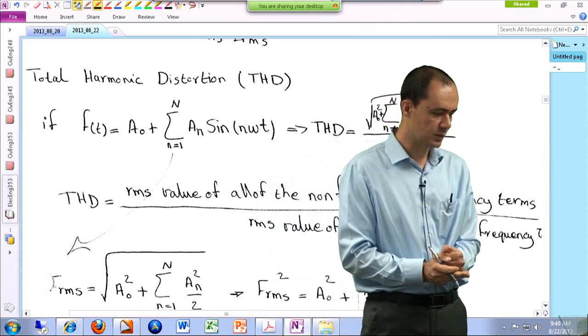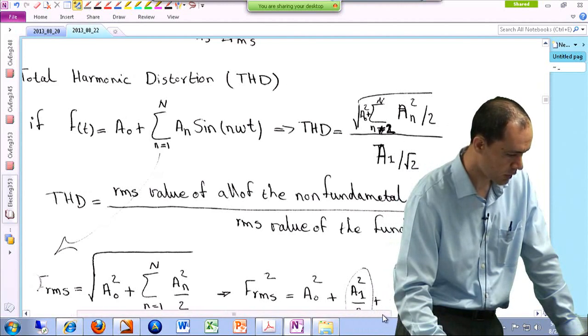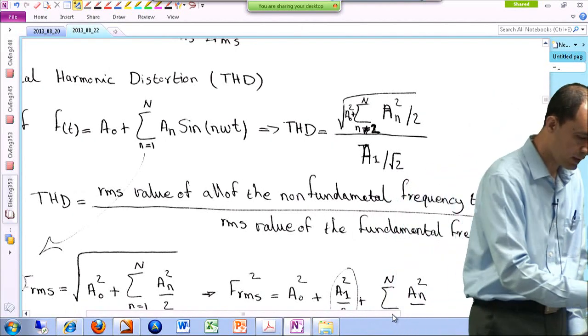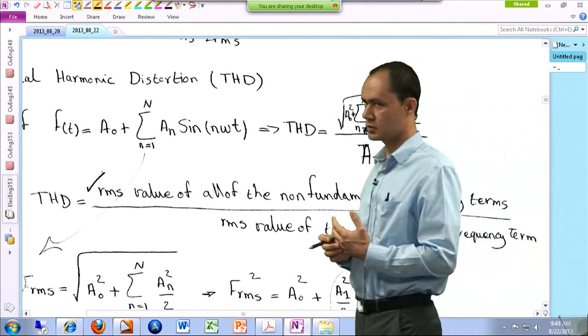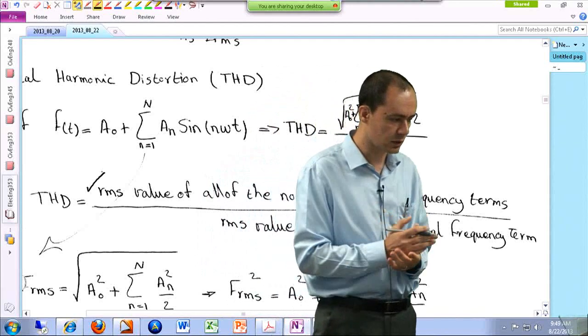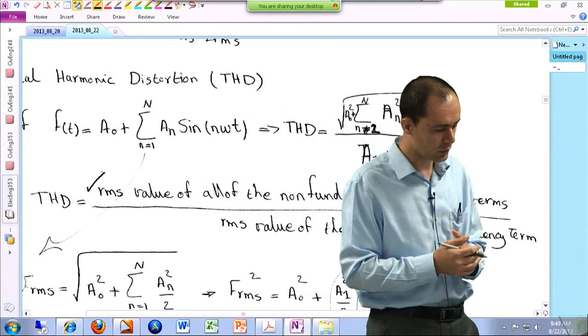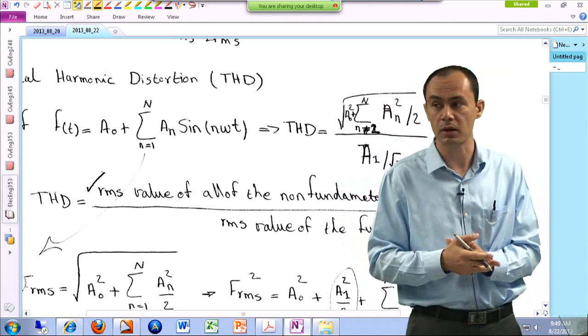By definition, it is basically a ratio between two expressions. On top, we have all of the junk that appears in the signal. Assume that we have a signal which is supposed to be purely sinusoidal, but in addition to that purely fundamental harmonic, it has a bunch of higher order harmonics.